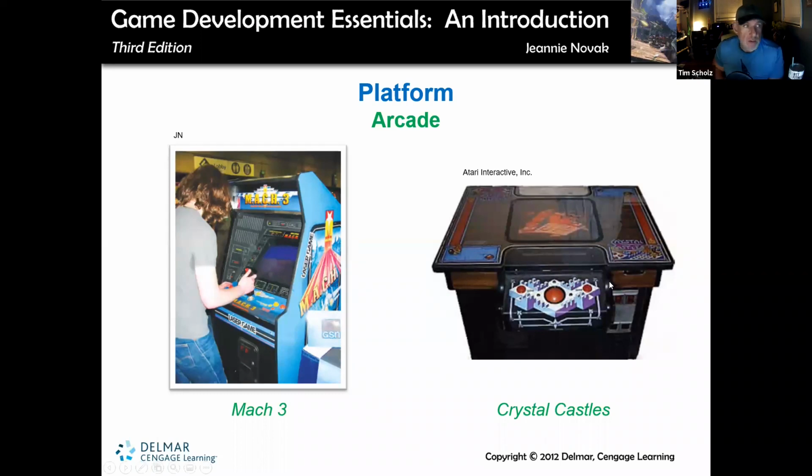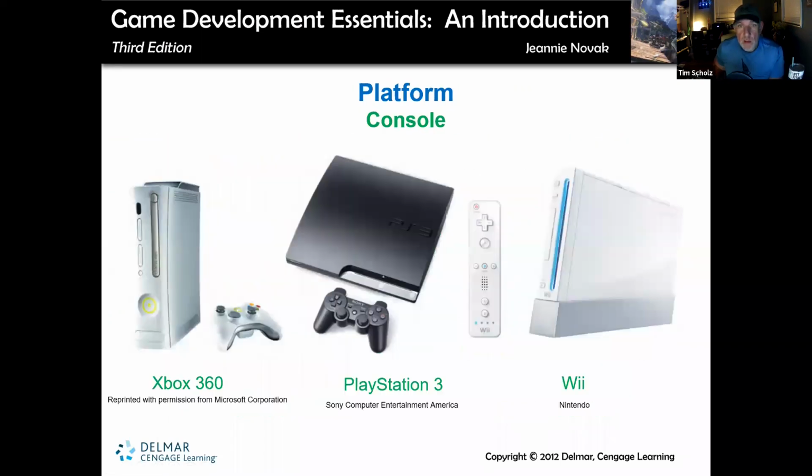Your next platform is your console. Obviously this is showing the latest and greatest at the time of the book, but now we're two versions ahead on Xbox and PlayStation, and Nintendo has different formats between the Switch and the Wii U. Consoles are systems that, when they were first developed, were hooked up to some sort of TV, and it was all local.